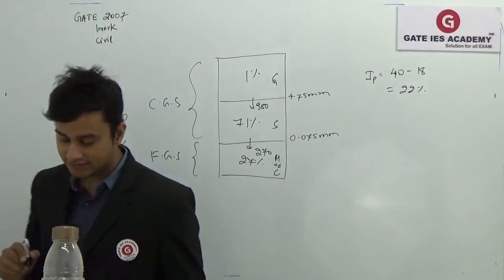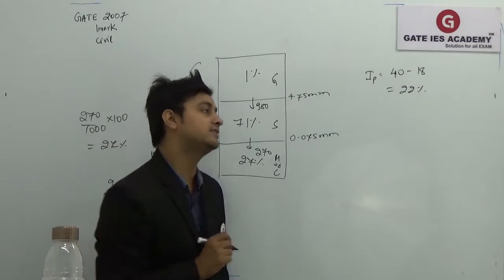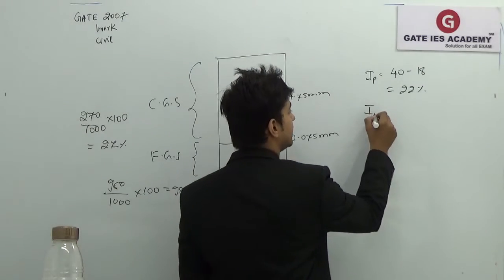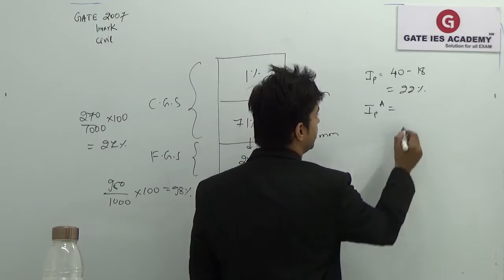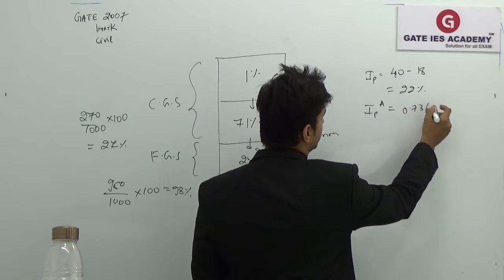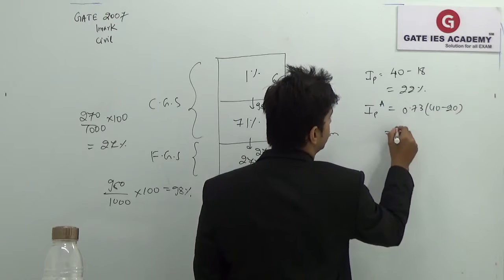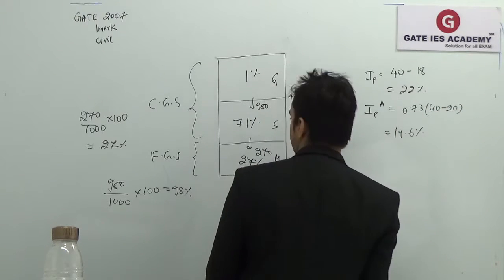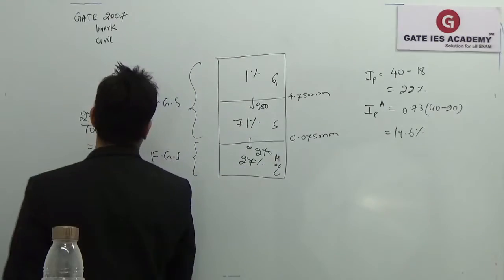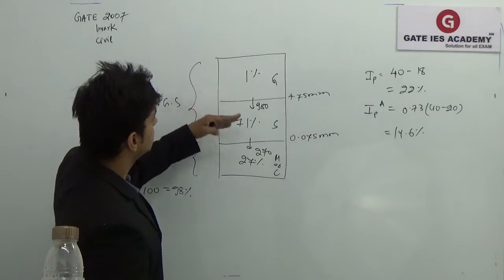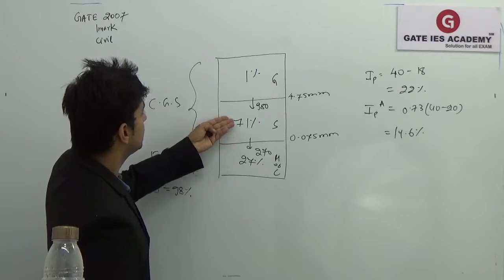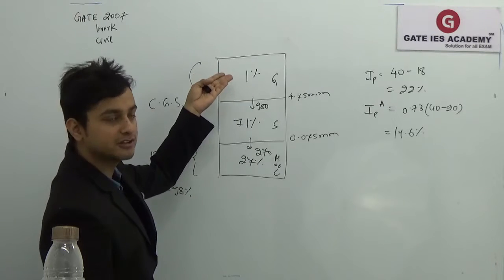So I can very well calculate the IP of A line as well. IP of A line will be 0.73 into 40 minus 20, that is coming as 14.6%.